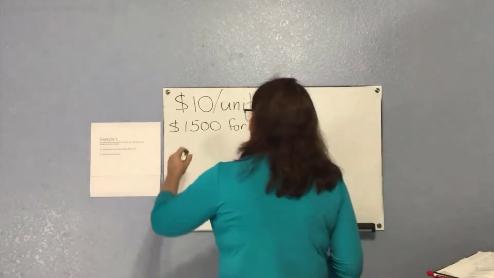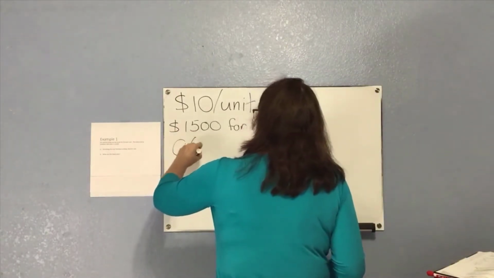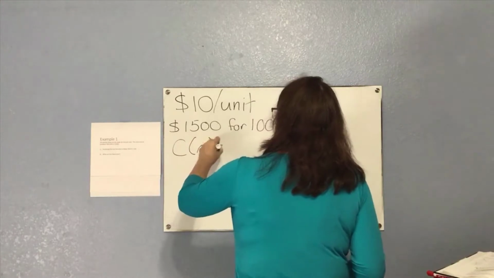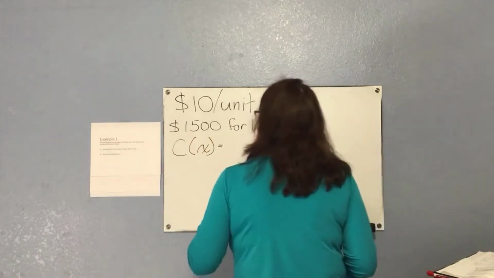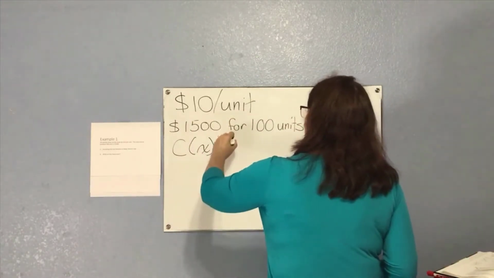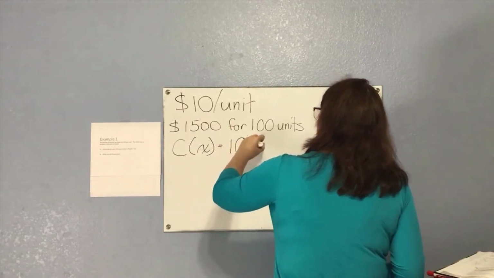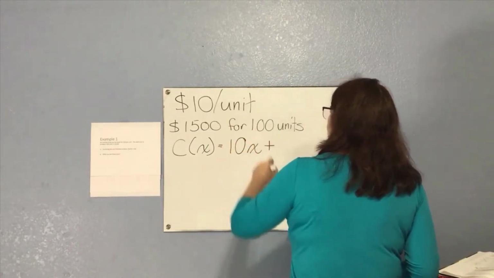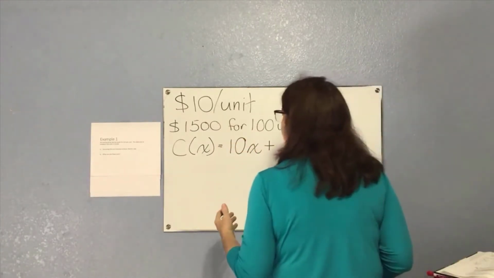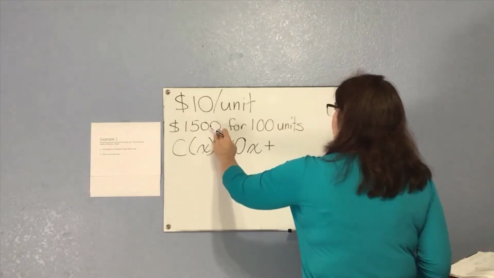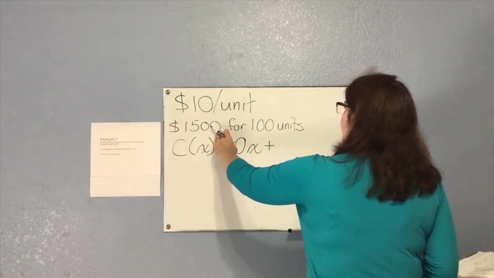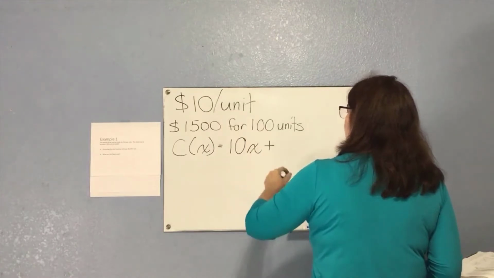For a cost function, we usually call that C of x. We've got $10 per unit, so $10 for every unit, plus some fixed cost. And like I said, we have 500 more here than is accounted for by the $10 per unit.